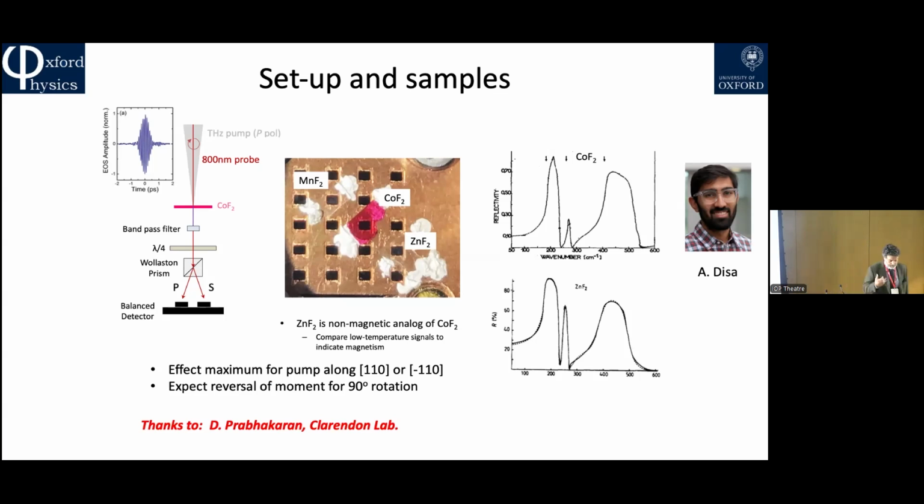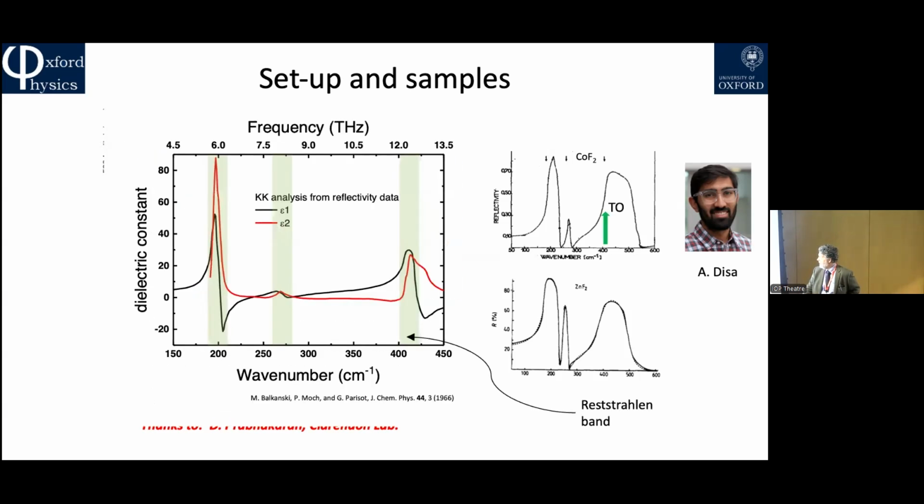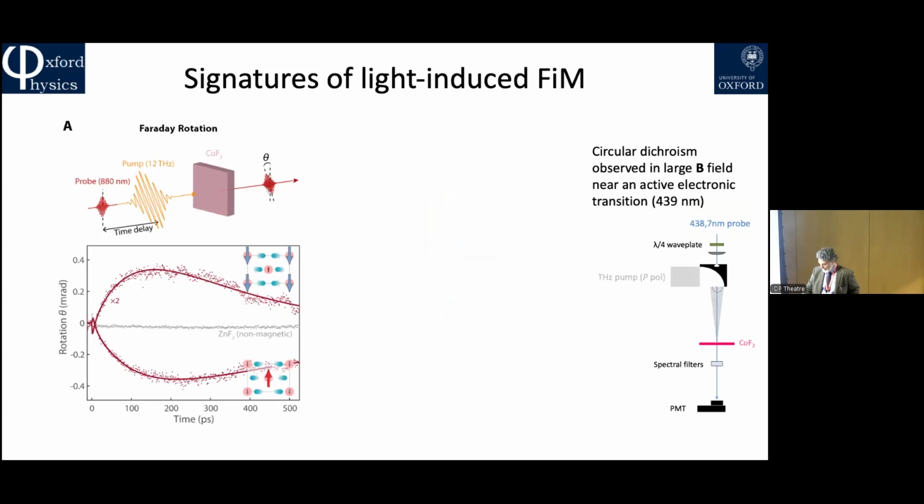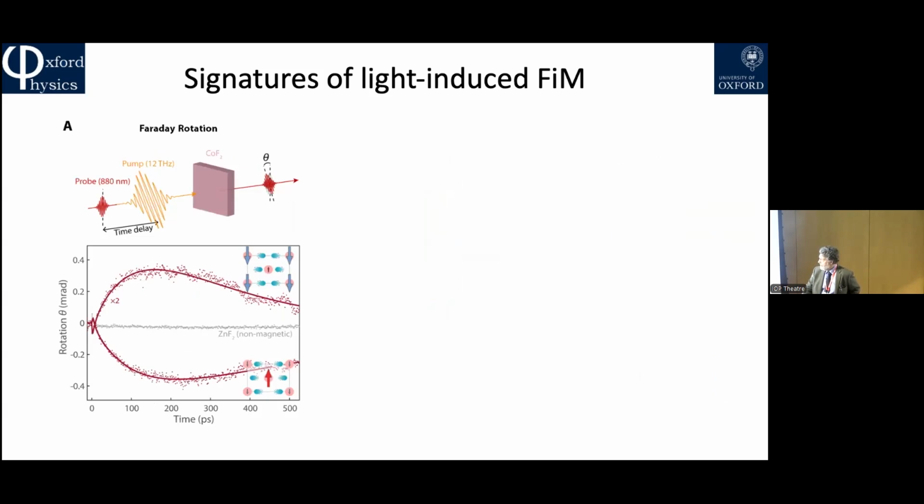So the sign of the Faraday rotation or the sign of the dichroism should reverse as you change the pump polarization between these two directions. So you should switch magnetism by the light polarization. Okay, I'm not going to do this. I'm going to show you the Faraday rotation.